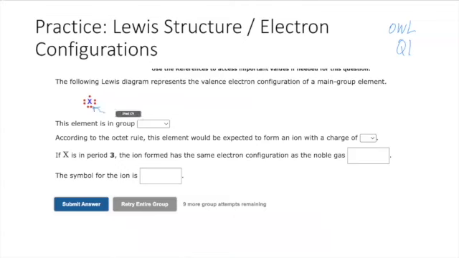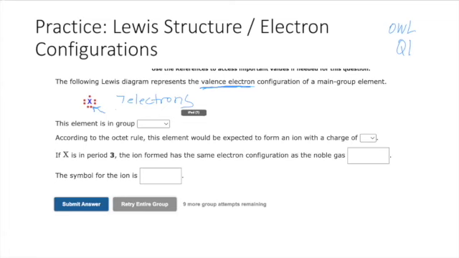It refers to X as in like a variable, solve for me, kind of as a placeholder. So your question, again, will look a little different, but it will show us the dot structure of the valence electrons, telling us how many are in the outer shell. So my example has 7 electrons in its outer shell.